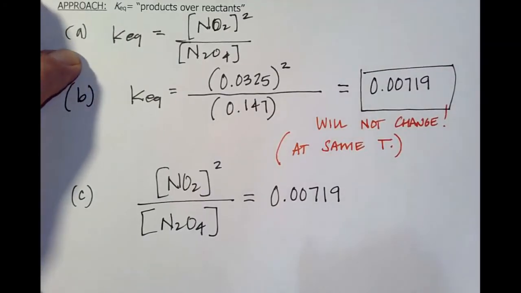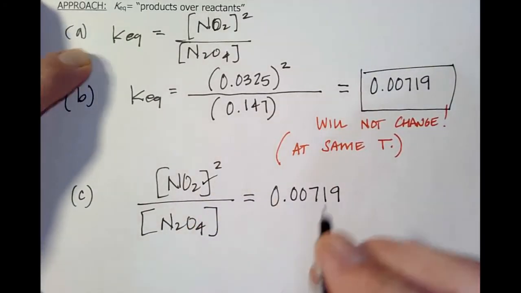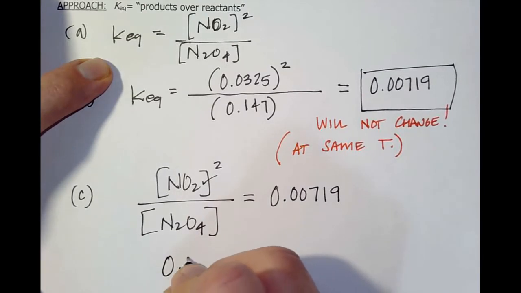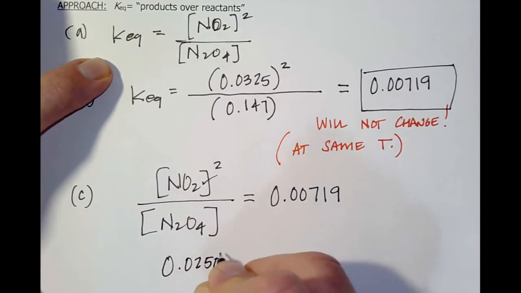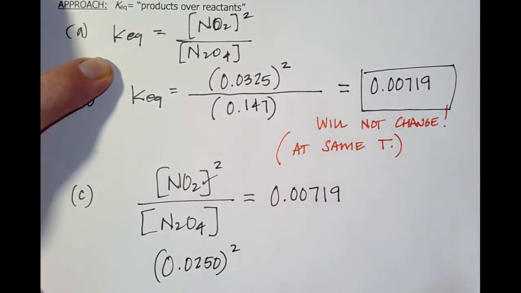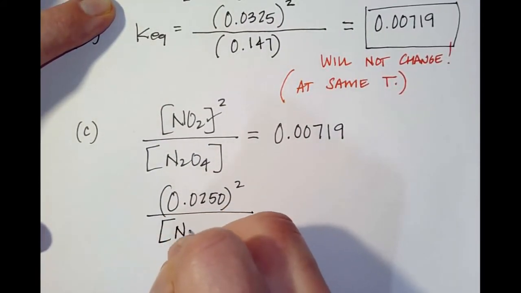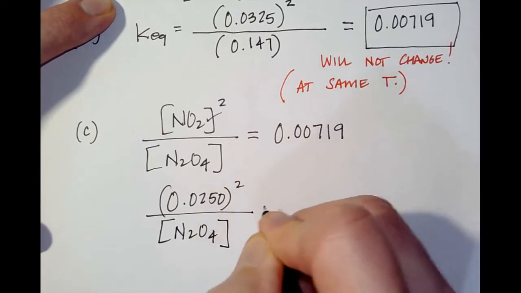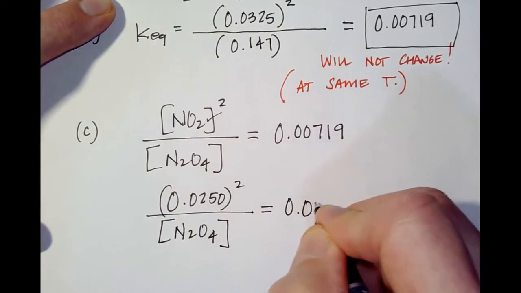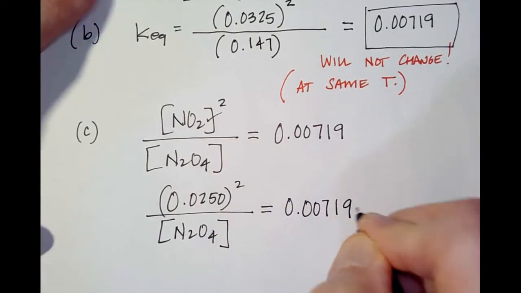So let's see, I know this value, so I'm going to go 0.0250 squared divided by N2O4 concentration equals 0.00719.